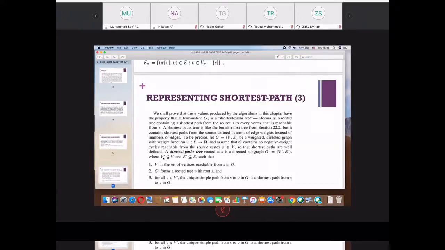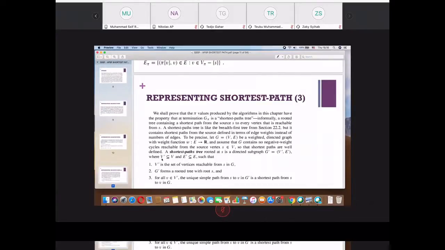So in this case, V prime may be equal to V, right? Maybe not. When there is a vertex unreachable from S, then V prime is not equal to V. It must be smaller.